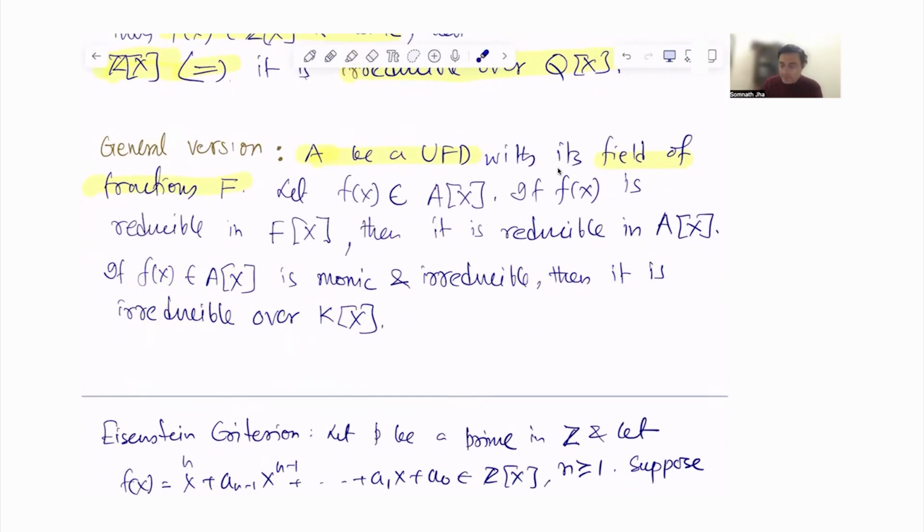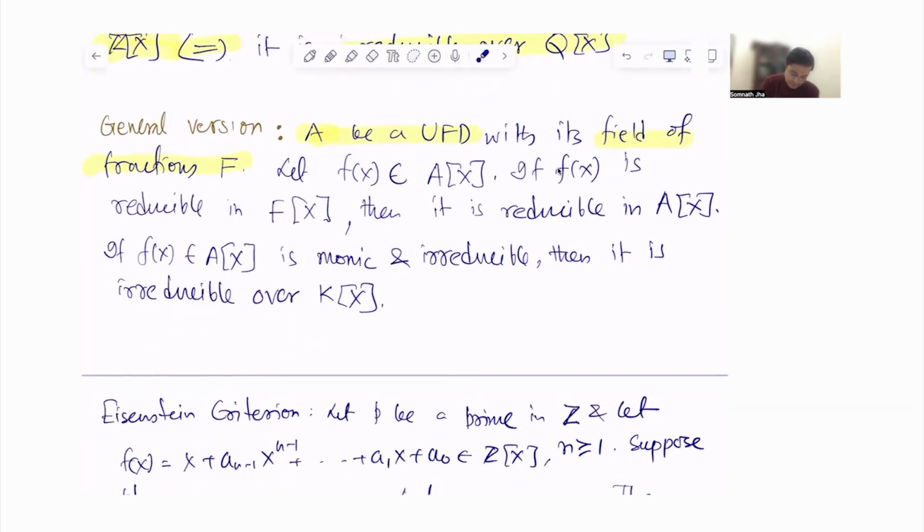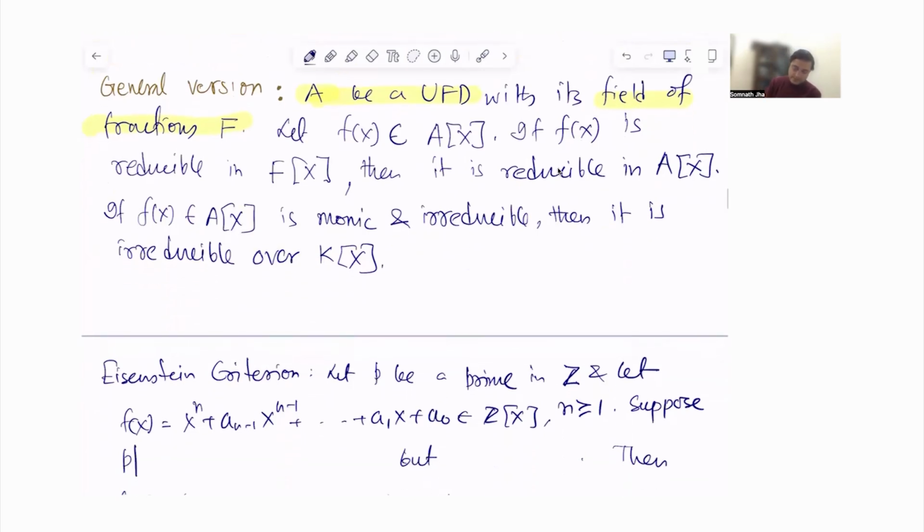It says: take p a prime in Z and let f(x) equal x to the power n plus a_{n-1} x to the power n minus 1 plus ... plus a_1 x plus a_0 in Z[x]. So it's a monic polynomial in Z[x]. And suppose that p divides a_{n-1}, a_{n-2}, up to a_1, a_0, all of them.